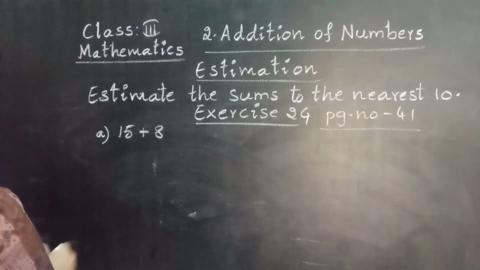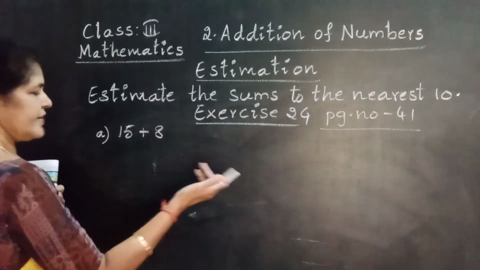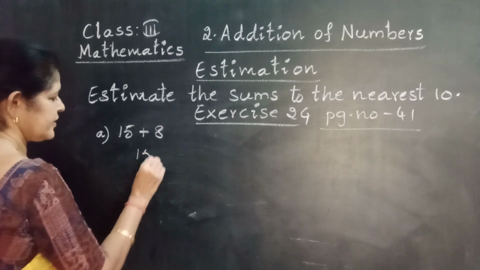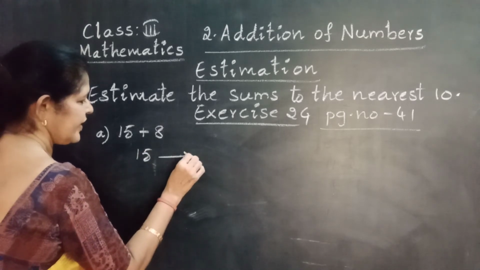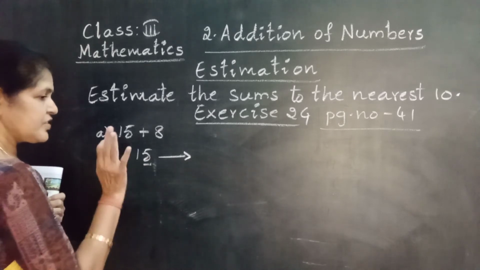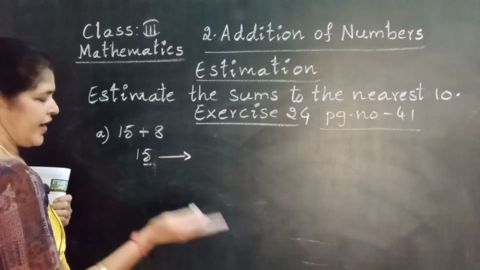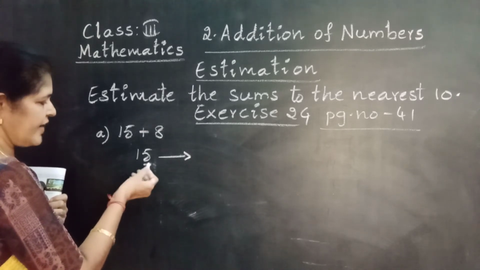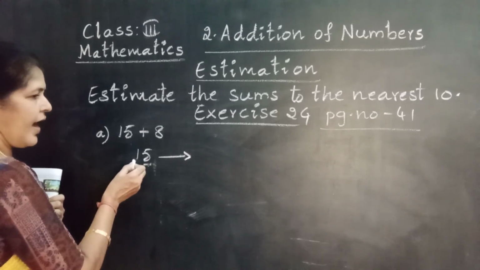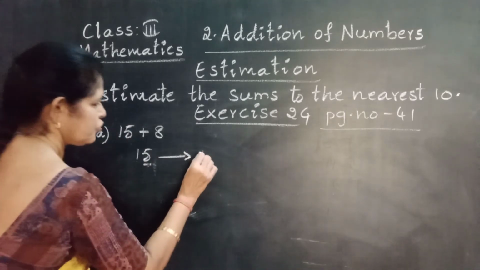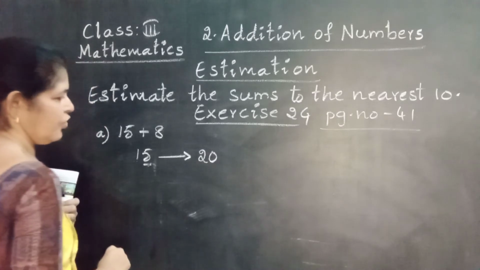Now rounding off 15 to the nearest 10. What is in the ones place? 5. Equal to 5 means put 0 in the ones place and add 1 to the tens place number. Then 1 ten becomes 2 tens, and put 0.